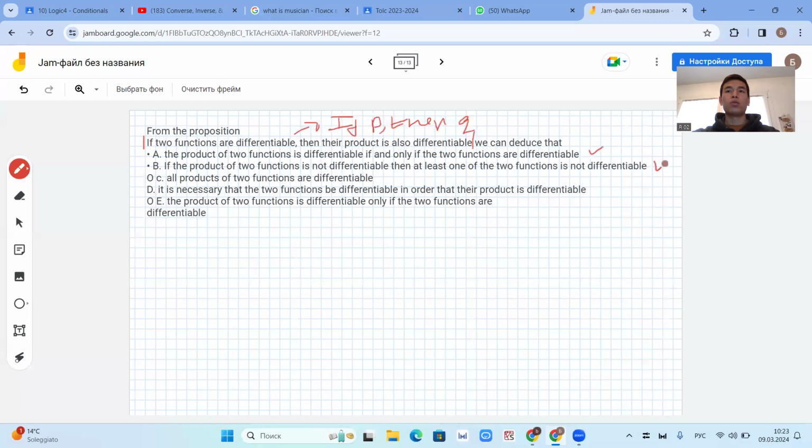Like this one or this one or this one. You have to find equivalent. We have to deduce from this conditional statement the other conditional statement, equivalent in validity.